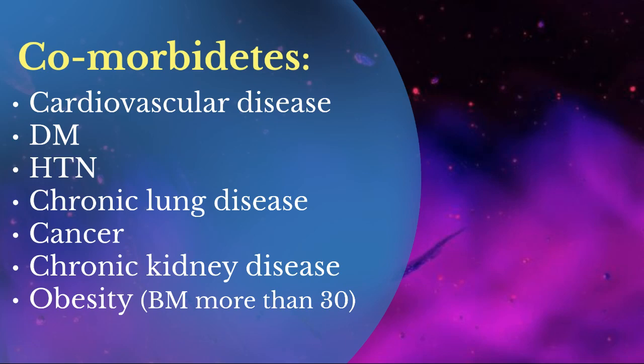This is why smokers and individuals suffering from chronic obstructive pulmonary disease have a higher ACE expression level. This explains why smokers and patients with chronic lung disease are more susceptible to catching this virus.